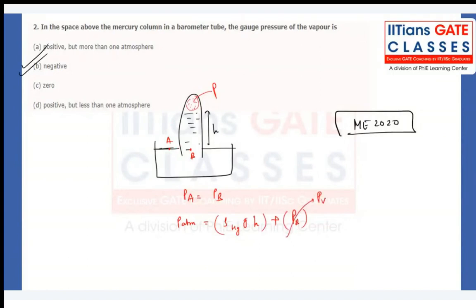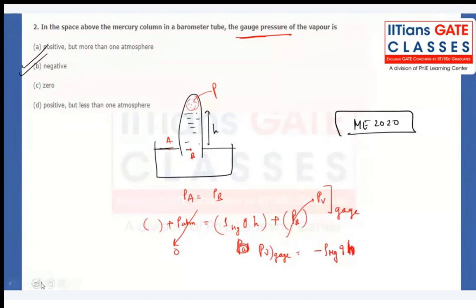Vapor pressure. They are asking gauge pressure. They are asking the gauge pressure. Whatever term is there, I need to take it as zero. I should not add the P atm. You only tell me whether the vapor gauge pressure value you are getting is negative or not. You are getting negative. That's a negative.